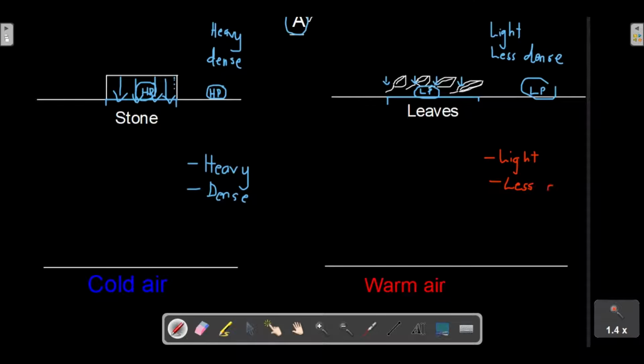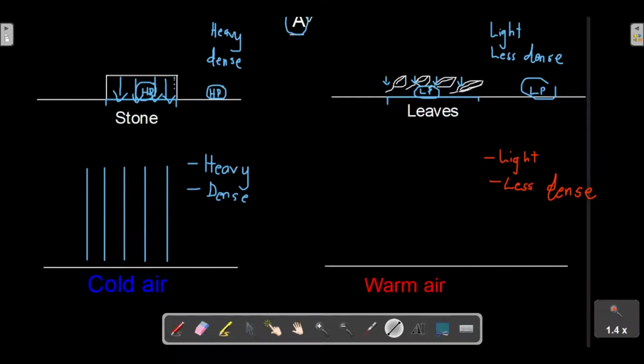So now which one of these will apply a greater force on the ground? Let's start with the cold air. Now the cold air, as we know, is heavy and dense, so it presses against the ground, applying a greater force because it has a greater mass. It is heavy, guys, in nature, and so it's going to press against the ground with a greater force.